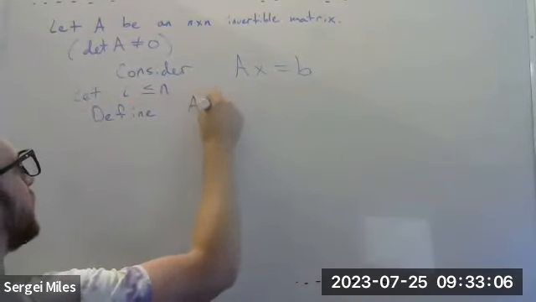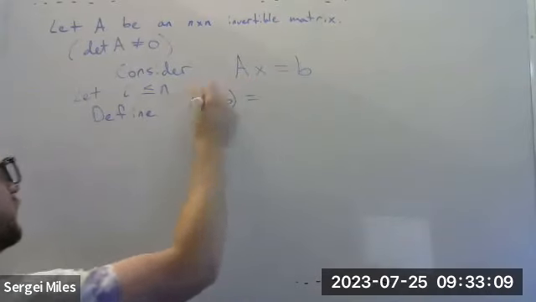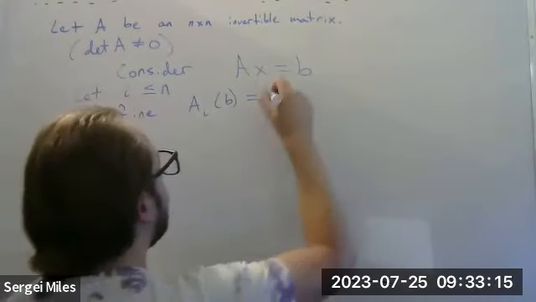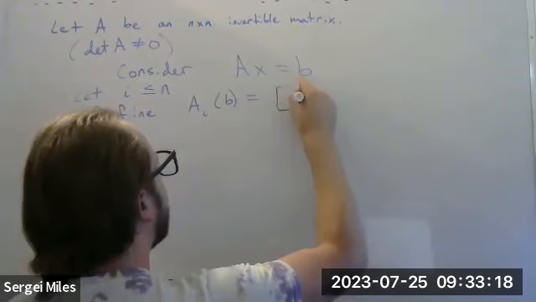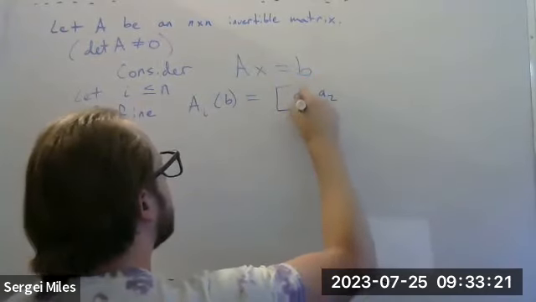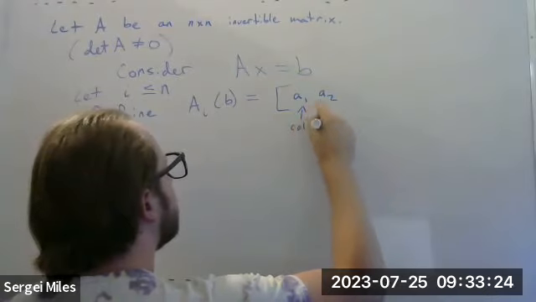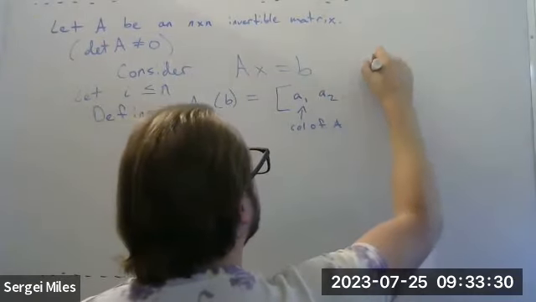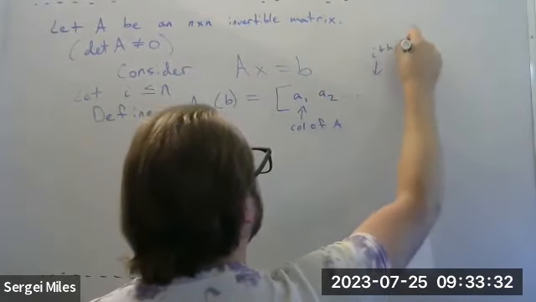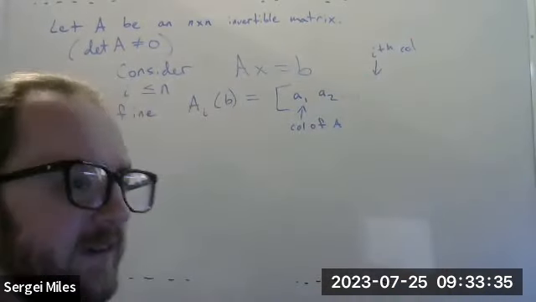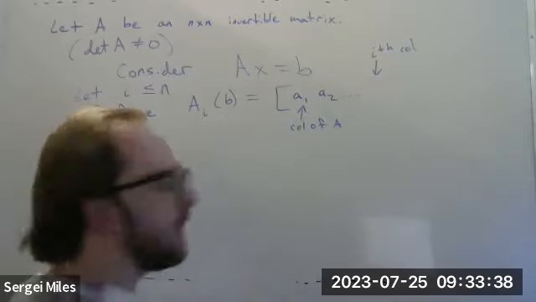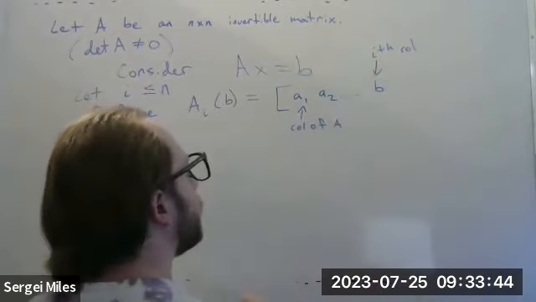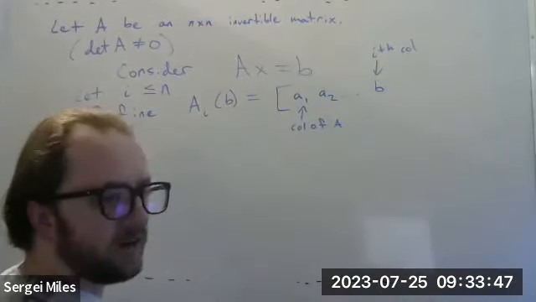A subscript i of b. This notation is going to be very important in a moment. A sub i of b, where we're going to take the matrix A. These are the columns of A. But when we get to the ith column, whatever that is, when we get to column i, instead of having the original ith column of A, I'm instead going to replace it with the b column.